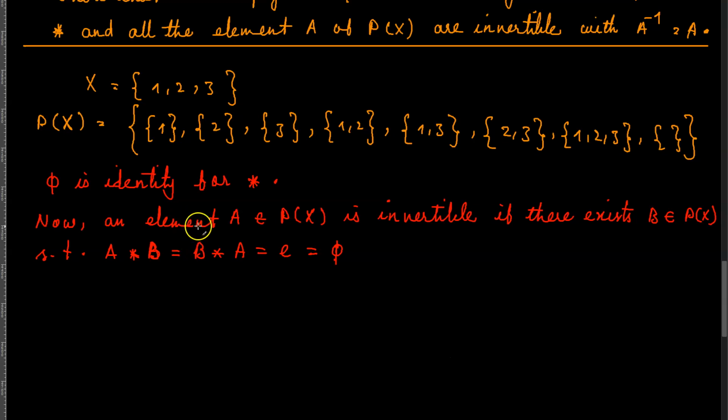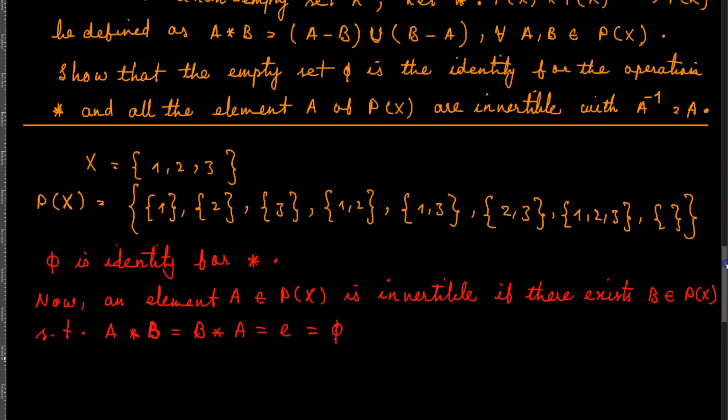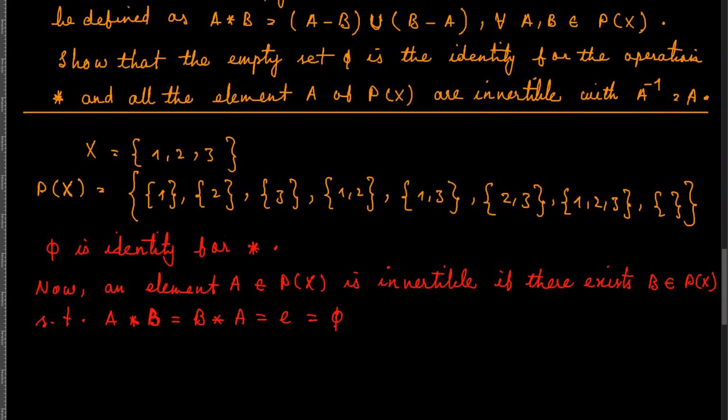So based on the definition that we had, A star B was equal to A minus B union B minus A, for all A and B belonging to P of X.